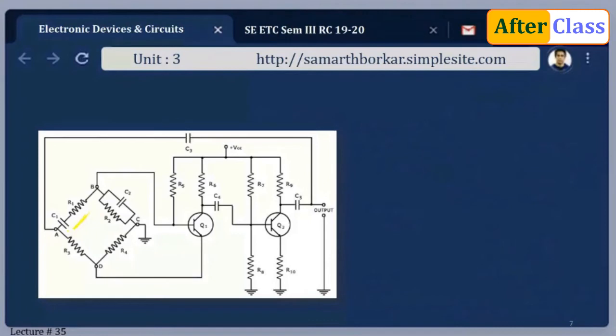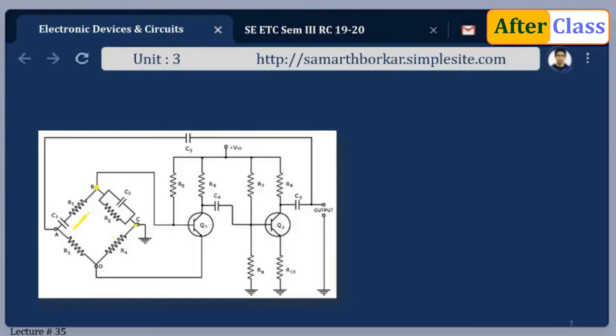So if I overall look at this particular diagram, only the network, then I can say that R1, which is in series with C1, R3 and R4, is in parallel with R2 and C2 combination, to form the four arms.